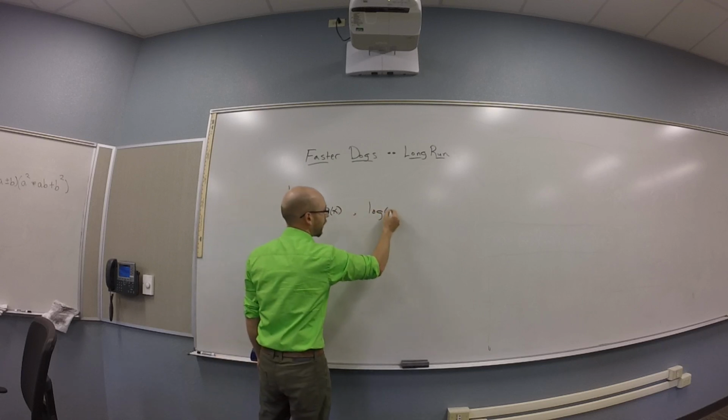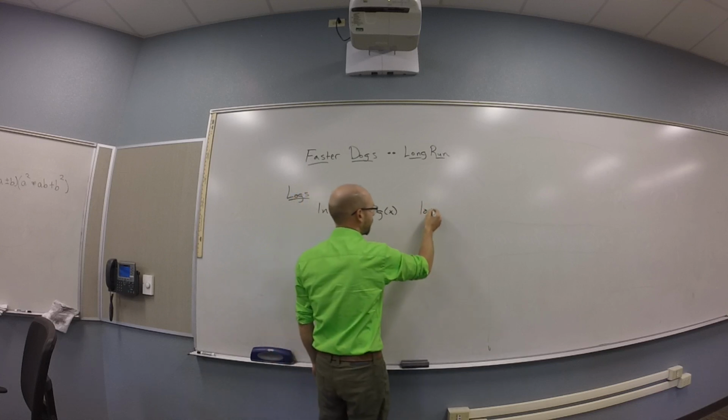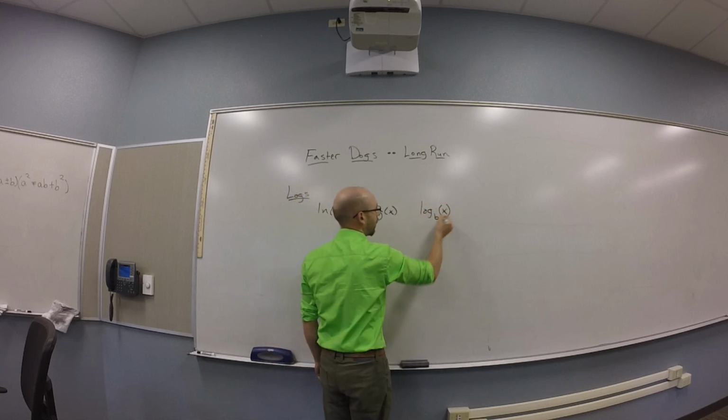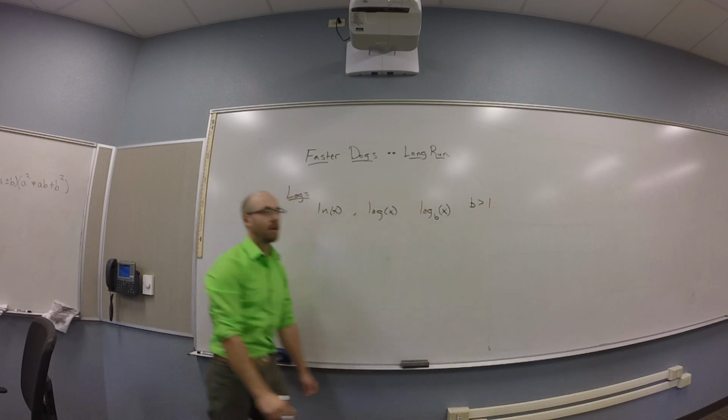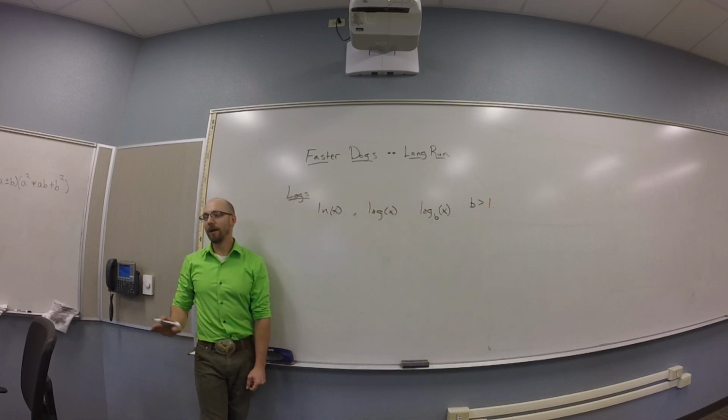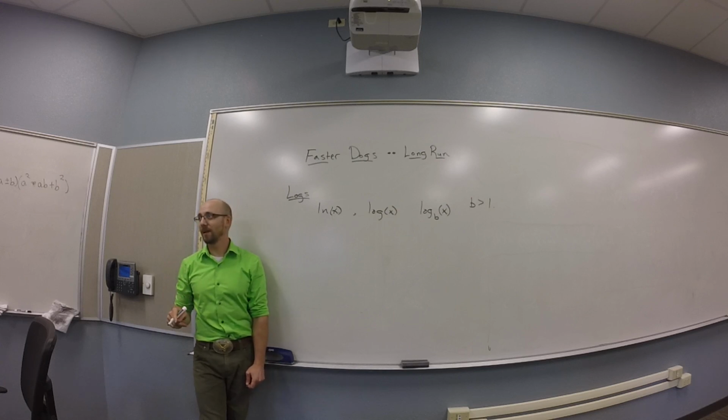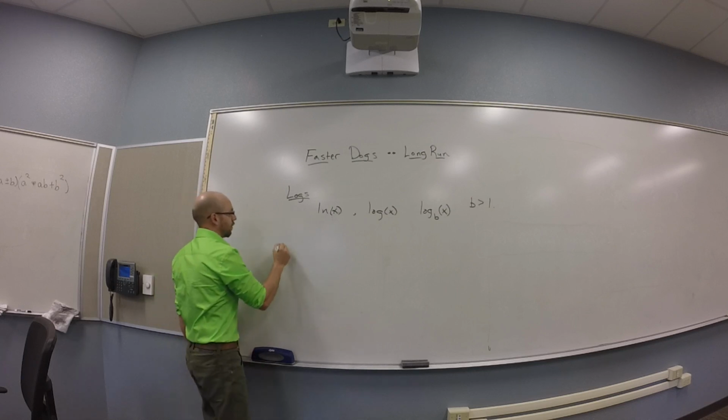Log base 10 of x, log base b of x, where b is bigger than 1, for instance. I do want to say that when I talk about logs, I'm not talking about logs with negative bases or bases smaller than 1. Bases are always going to be bigger than 1 whenever I talk about logs here. Cool? Okay.